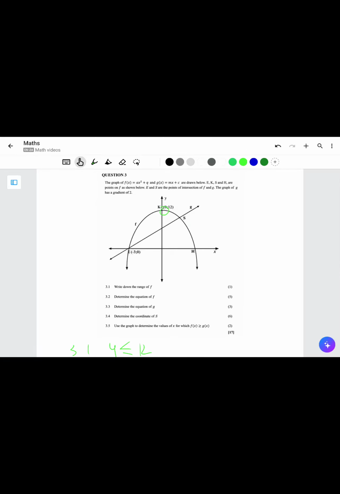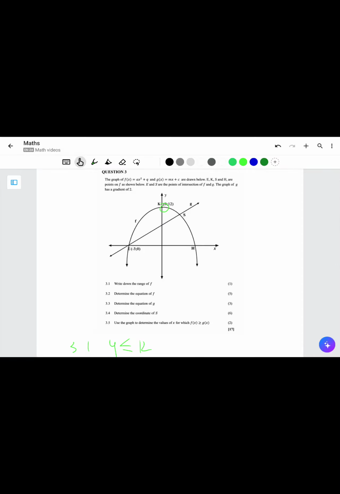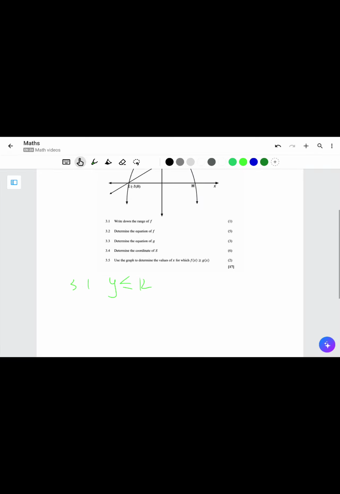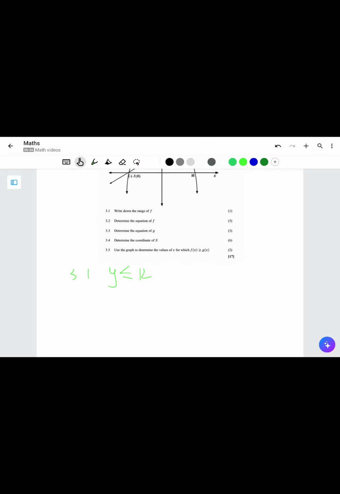Remember, if we look here, it's less than 12, so less than or equal to 12. The next question says determine the equation of f, and that is a 5-mark question.